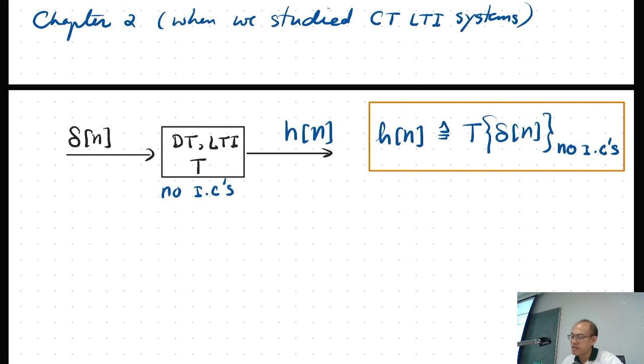Now, in the continuous time LTI system, when we were in chapter 2, if we know the impulse response, we can find the zero state output by performing a convolution integral on the impulse response and the input. Same concept goes here.